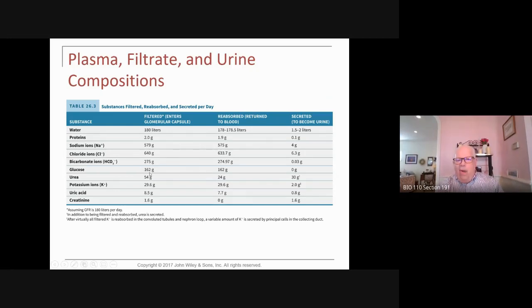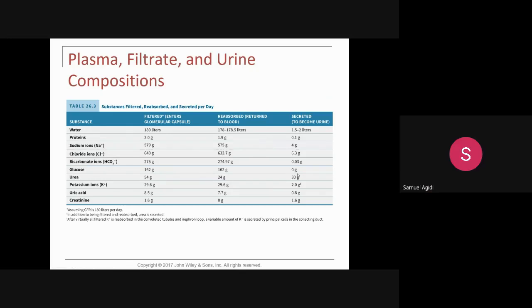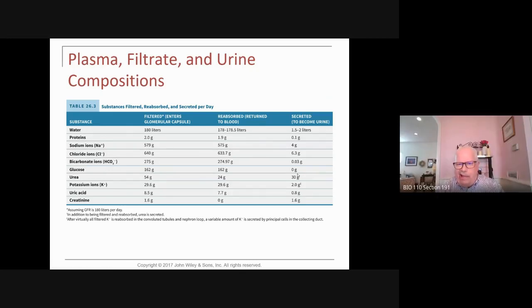What if this number was 180? You're only going to reabsorb 162, giving you 18 grams, which will be in your urine. That means the threshold of glucose has been exceeded, and the overspill will spill out into your urine.